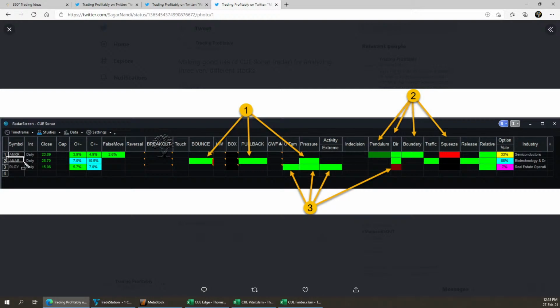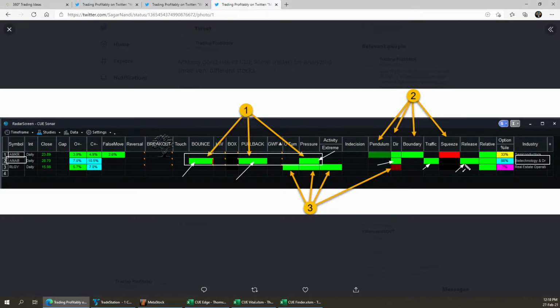That was ANAB, a biotech. And here we had several trade setups possible, a bounce and the newly designed pullback. It had bullish pressure. Direction is showing it is in a confirmed uptrend, both above yellow and white direction lines. Traffic light green means it was flipping to green. Earlier it was either yellow or red.